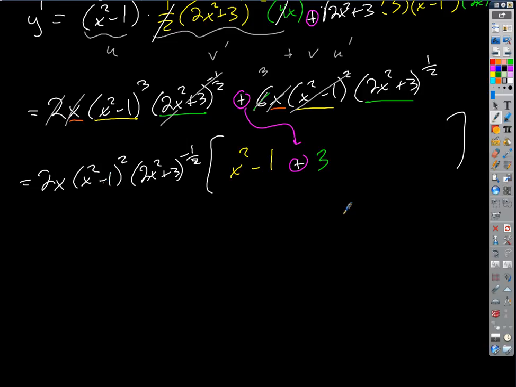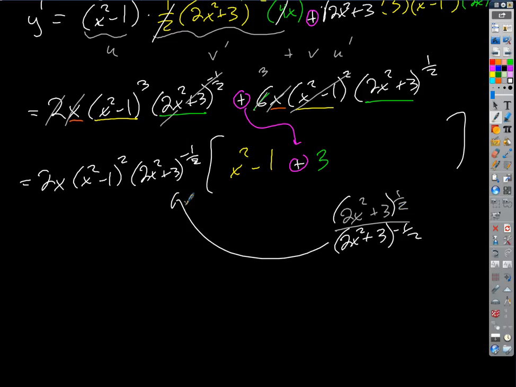What is 2x squared plus 3 to the 1/2 divided by 2x squared plus 3 to the negative 1/2? Because that's what I've divided away from this. 2x plus 3. 2x to the 1. Once again, you know it's going to be to the 1, don't you? Right? Because the exponents differ by 1. So we're left here with 3 times the quantity 2x squared plus 3.